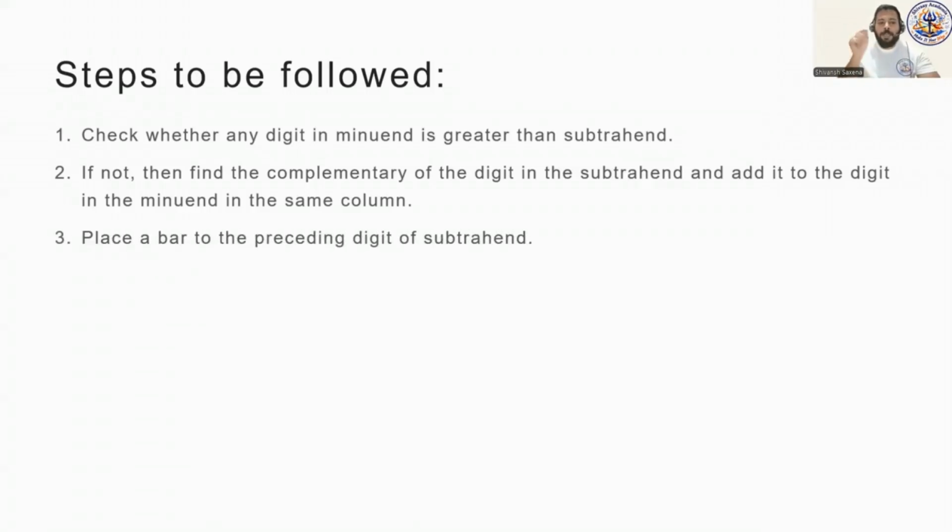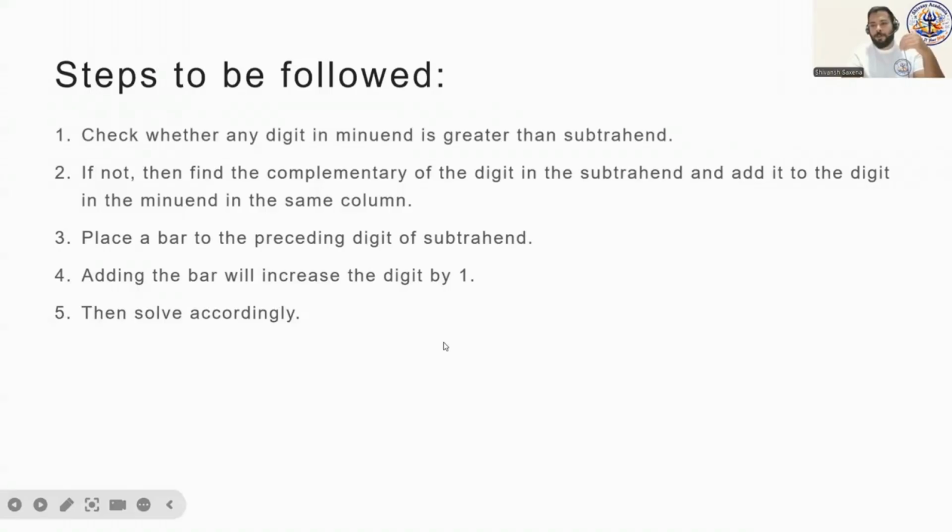Step 3, place a bar to the preceding digit of the subtrahend. Step 4, adding the bar will increase the digit by 1. And lastly, solve the problem accordingly. So I know the steps sound a bit complicated, but the method is as simple as we are going to learn through it. So let's learn through the example.